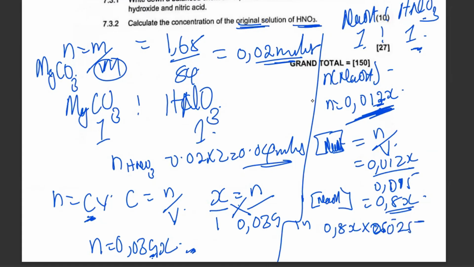So the number of moles of sodium hydroxide in 25 cubic centimeters is going to be equal to 0.02x. Our x is still being carried along.